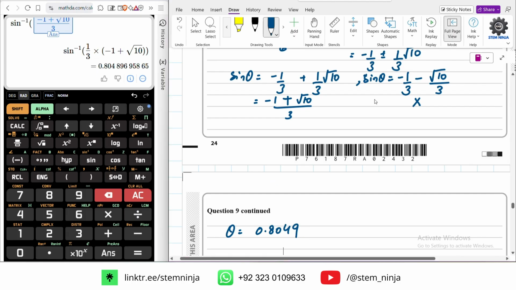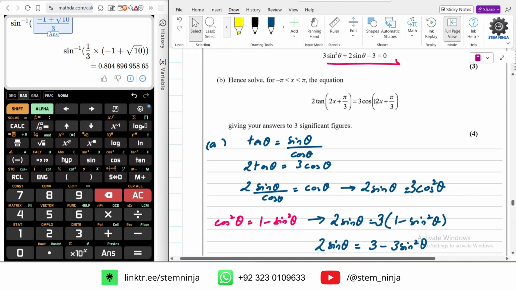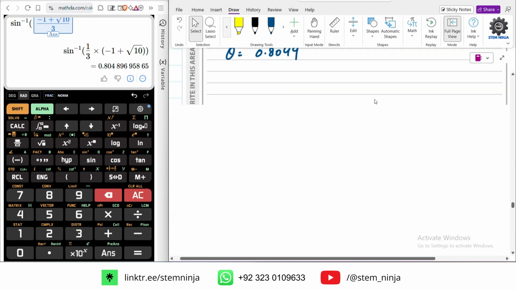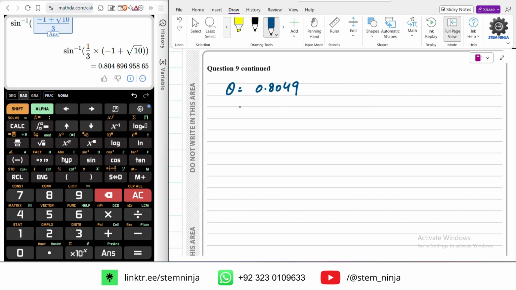Okay, now we need to see what do we need for x. 2x plus pi by 3. Okay, so first off we need to see how the 2x plus pi by 3 range will go, like the theta range will go. So now let's say theta is 2x plus pi by 3.